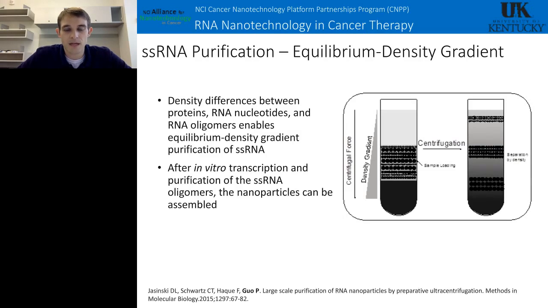This one here is using a cesium chloride equilibrium density gradient. The way this works is you mix your sample into the medium density cesium chloride, pipette that in, and then you load your high and your low density cesium chloride. After ultracentrifugation, your gradient forms and your particles separate based on their density.